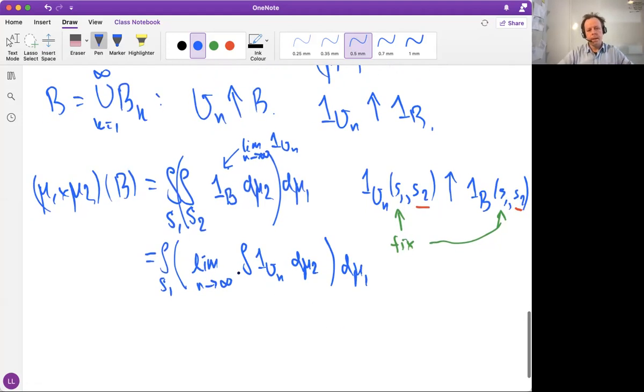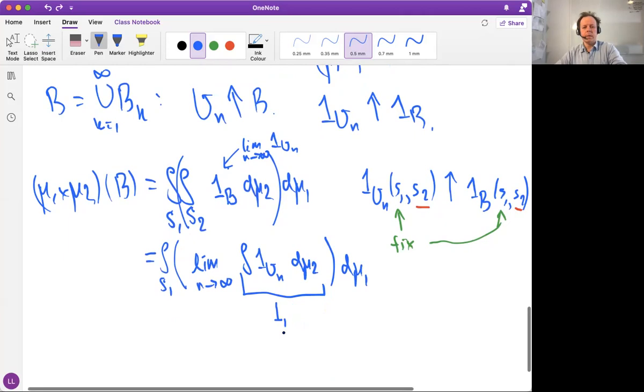Again, remember s1 is fixed and hidden there, so this is some function of s1. It's a number which depends on s1. It also depends on n because n is there. So these are increasing in n again.